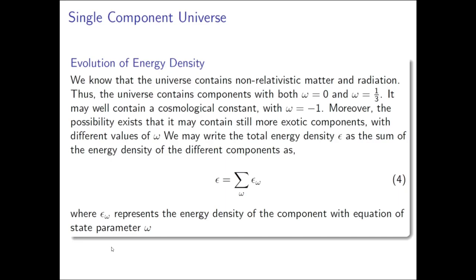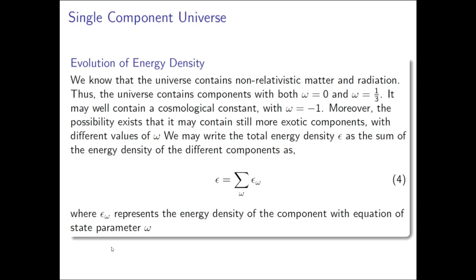One way to cover all these three components using our equations is that, fortunately for our simplicity, the pressure and energy density contributions from components with different equation of state parameters just add up. For non-relativistic matter, relativistic matter and the cosmological constant, the contributions simply add up in the pressure and energy density equations.